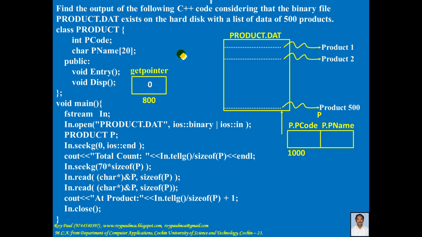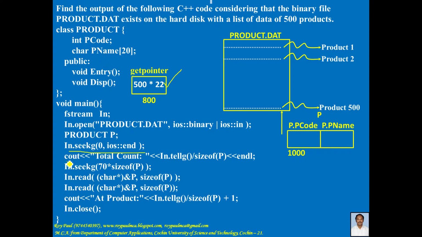So this is 1 into 22. This is 2 into 22, so certainly this will be 500 into 22. That is, the get pointer contains the position of the file pointer from the beginning, which is nothing but 500 into 22. So now your get pointer contains 500 into 22.